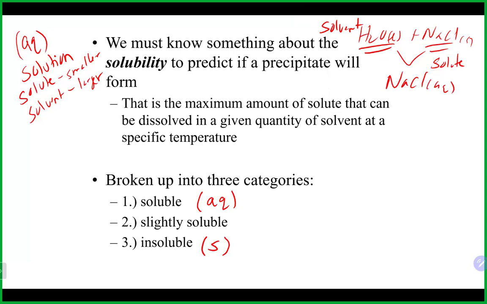So most people consider slightly soluble to be more like insoluble than soluble. So usually, in most cases, you could consider slightly soluble as being insoluble. As you'll learn if you go off to 1B at some point, even though we look at some of these rules about solubility, they're not 100% always going to occur.